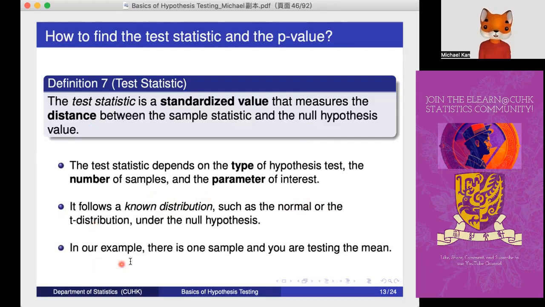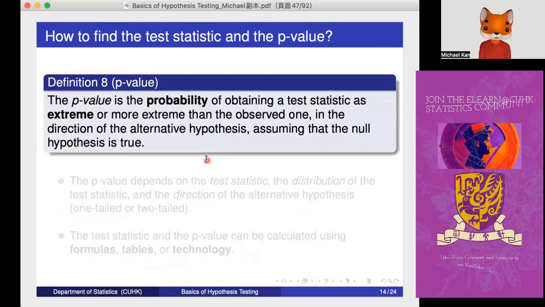So taking the example just now, this time it is a one-sample z-test, and you are calculating the mean. Okay, then the next step is the p-value. The p-value assumes that the null hypothesis is true. It is the probability of getting a test statistic this extreme, or more extreme.